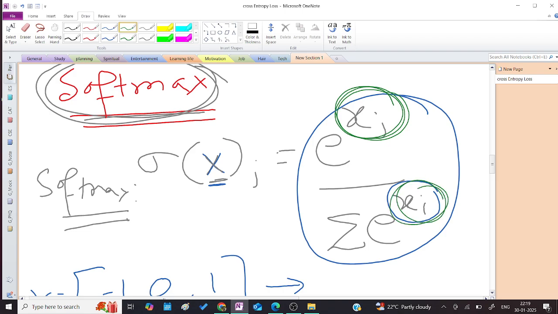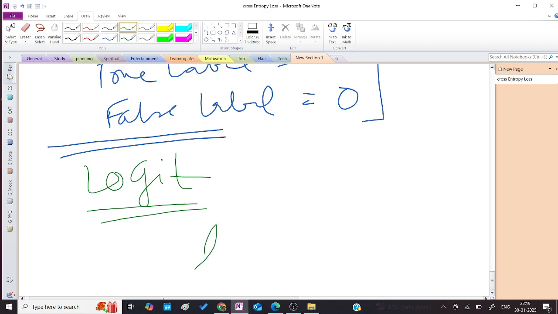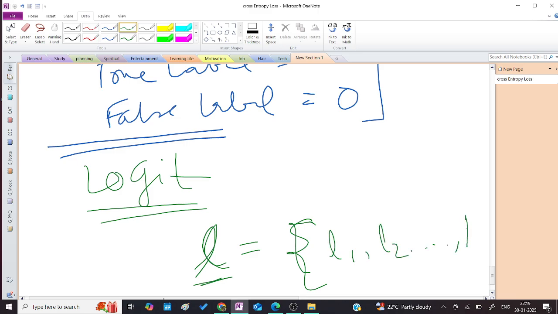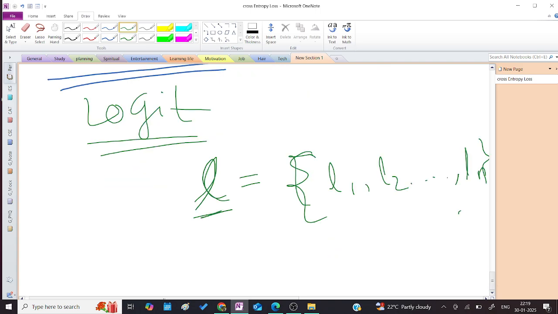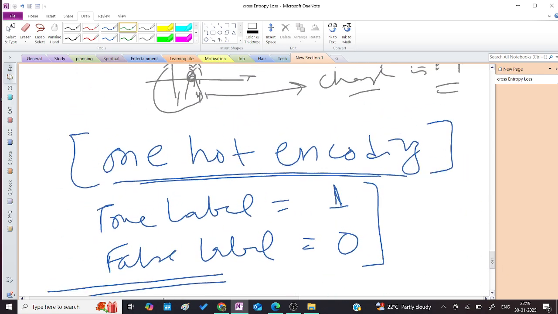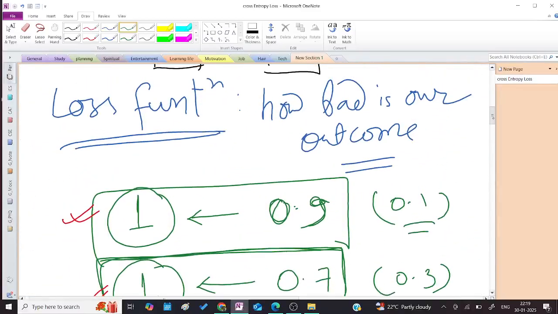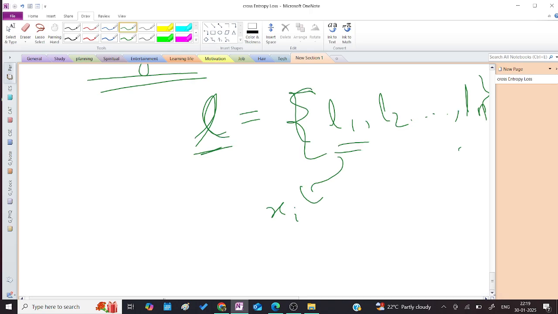So all the logits are represented by a vector L, and it is L1, L2, Ln, right? And this L is nothing but the input xi. So I think that will be enough for this class.